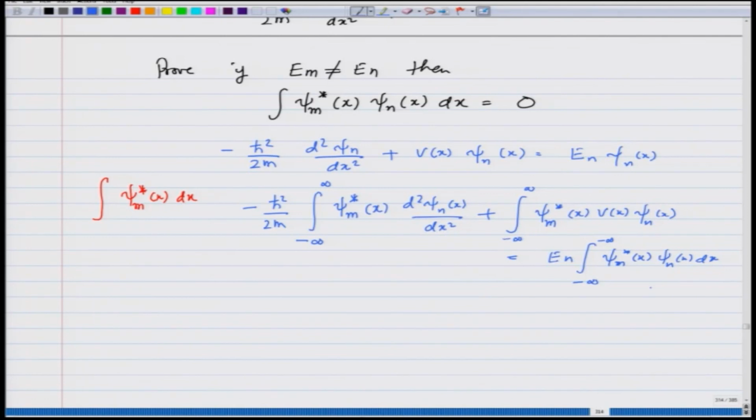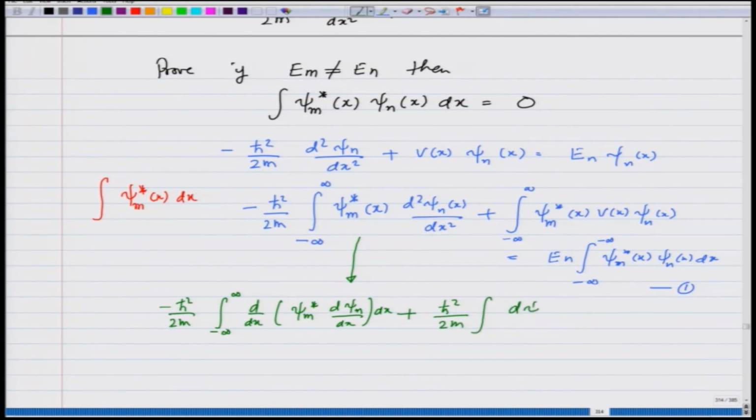So, that is equation number 1. Let me simplify the first term, which I can write as minus ħ² over 2m integral from minus infinity to infinity d/dx of (ψm* dψn/dx) plus ħ² over 2m integral (dψm*/dx)(dψn/dx) dx.